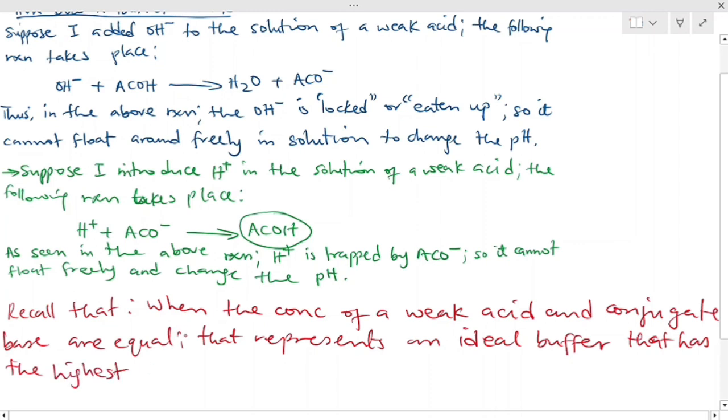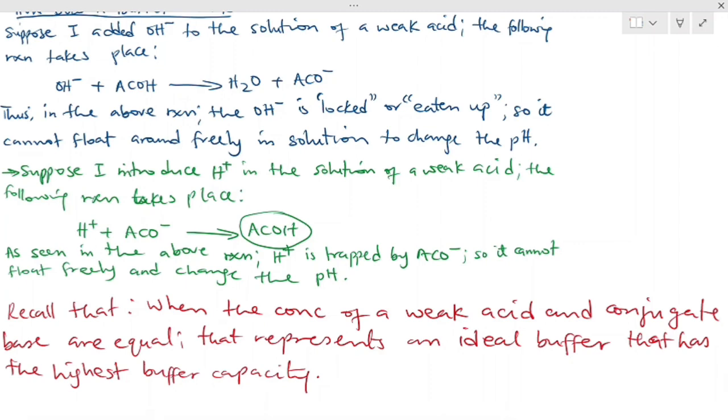Recall that. Great. So next we'll be looking at an example of a buffer system.